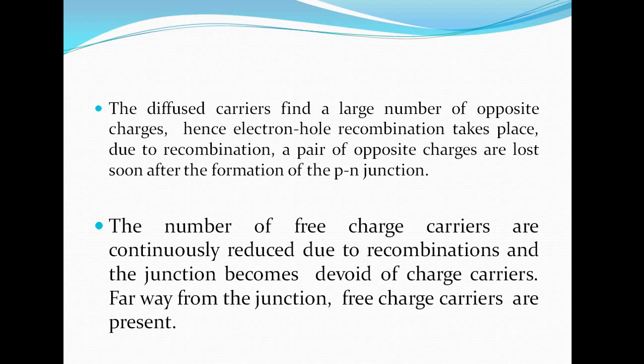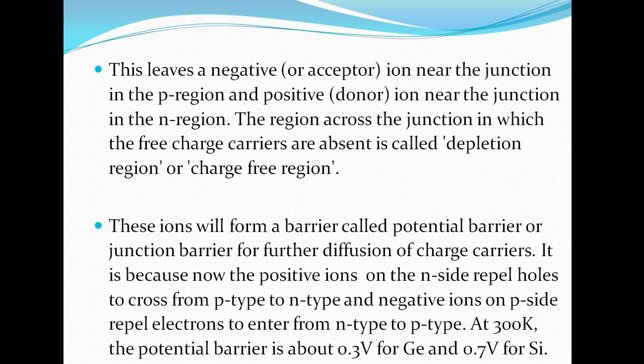The first few electrons and holes recombine, and then another few electrons and holes try to recombine, and a barrier is formed. Due to this barrier, the number of charge carriers is reduced continuously. These ions form the barrier called the potential barrier or junction barrier for the diffusion of the charge carriers.